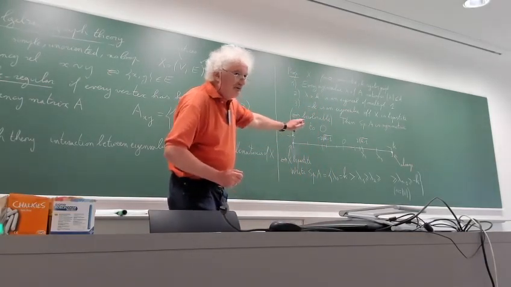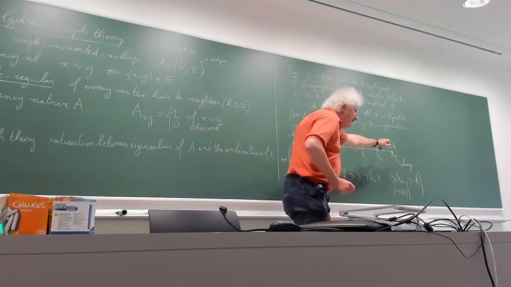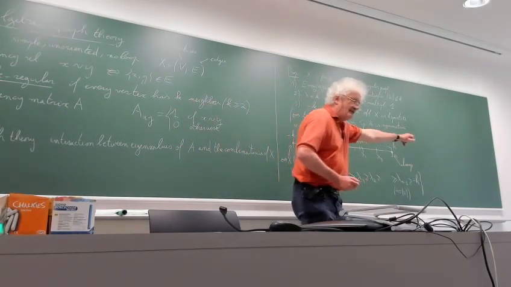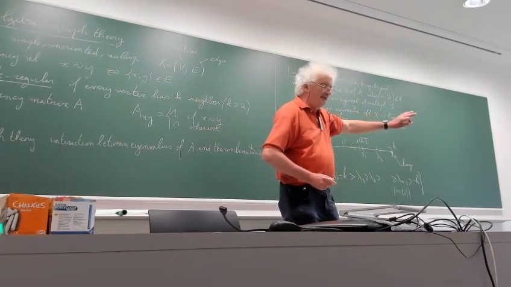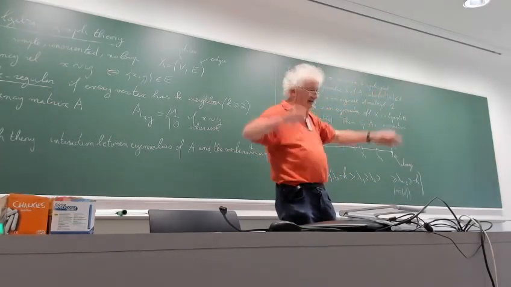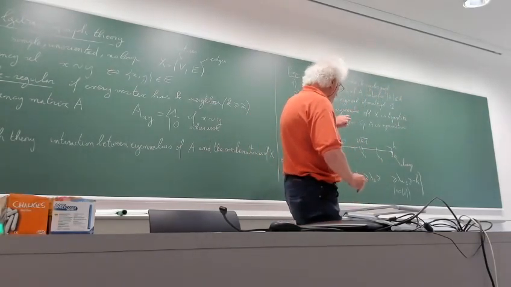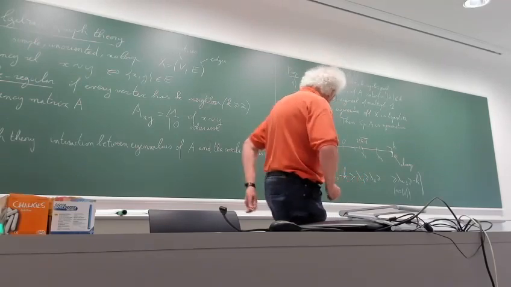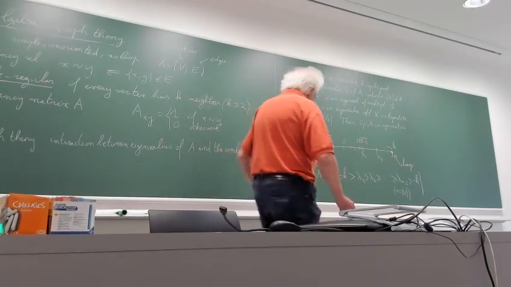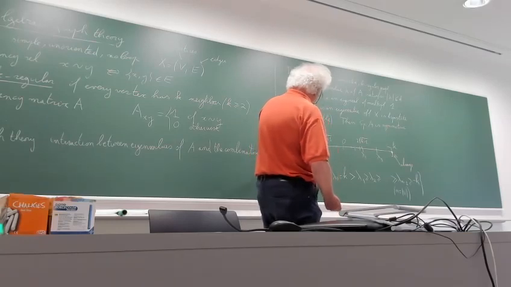You see that for k equals 2 there is an accident: 2 root k minus 1 is equal to k. This is why 2-regular graphs, which are cycles, will be completely forgotten. We'll just mention them as examples. But let's say that k is at least 3.